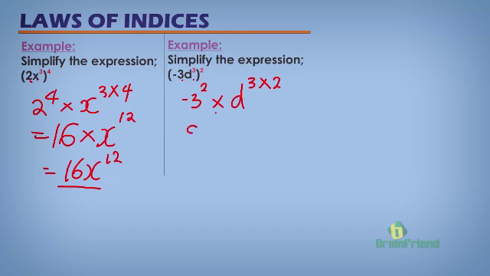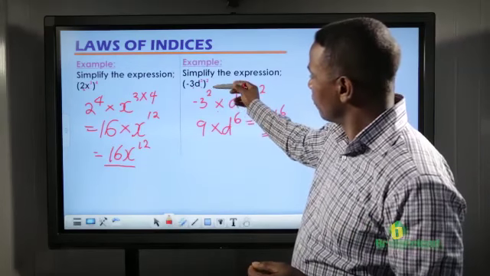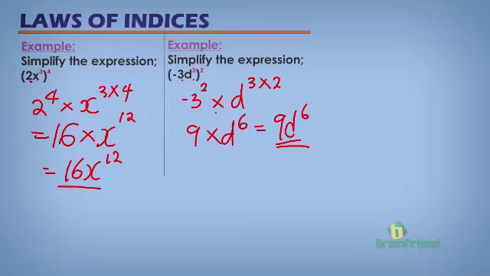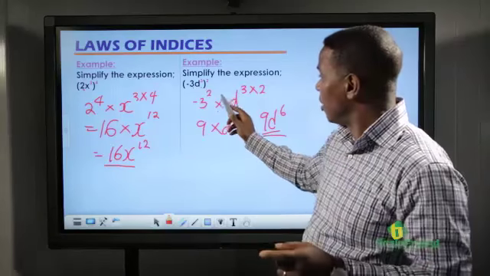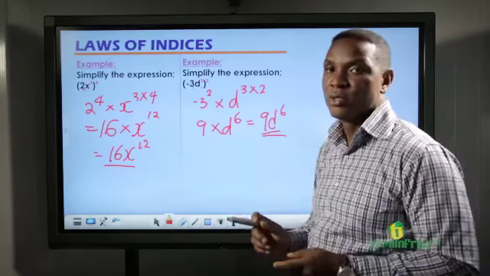This would give us 9 times d raised to power 6, and this would give us 9d^6. Once again, remember we said if our power here was an odd number, our answer would have ended up being negative. But because our power was even, our answer was positive.